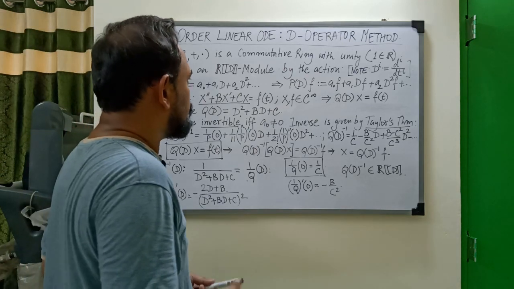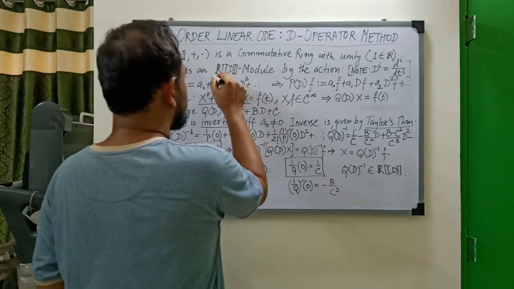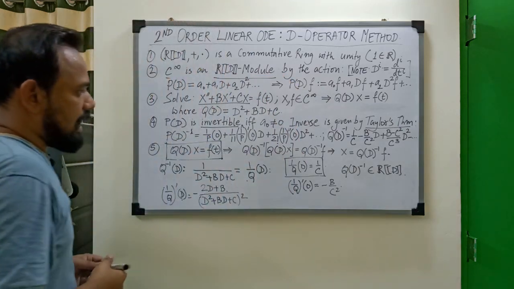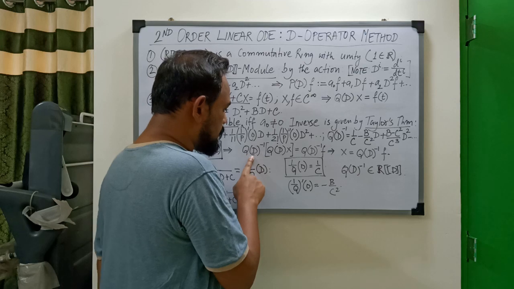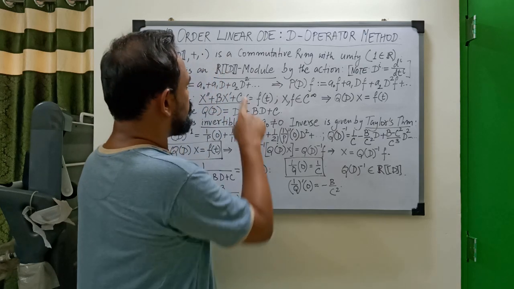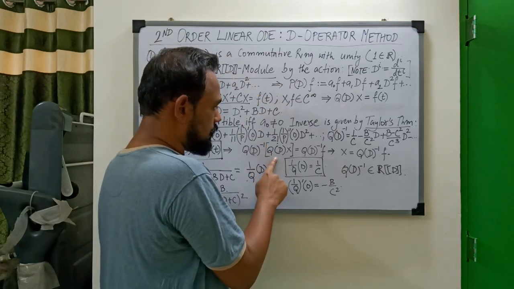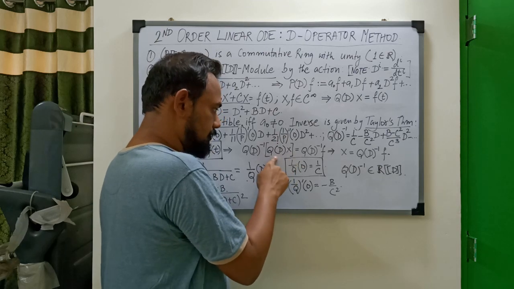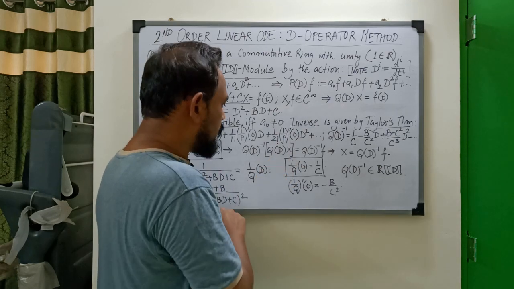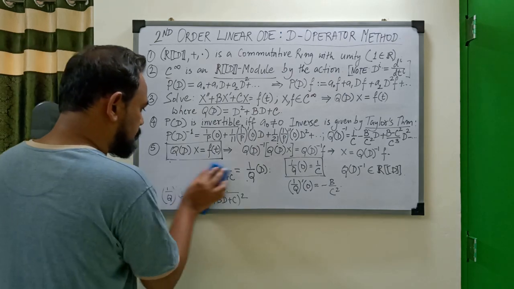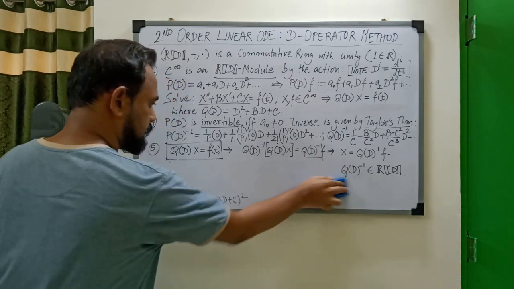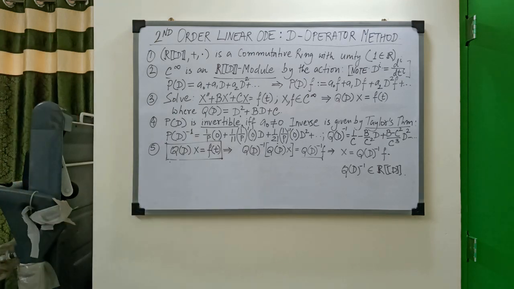Now, remember, this C infinity is an RD module. And we had discussed that when you have a module where an element of the ring acts on an element that already has an action, what you can do is first make the two ring elements multiply.